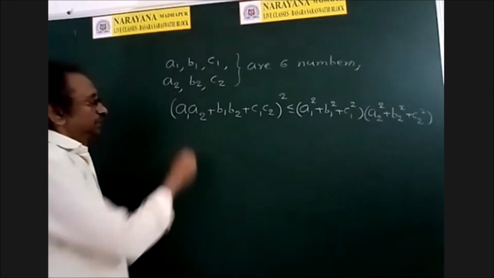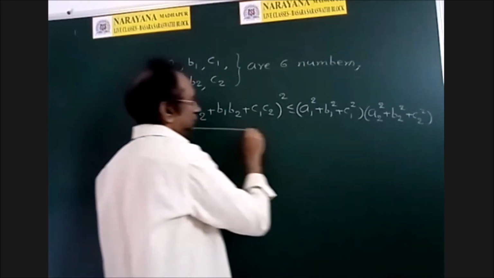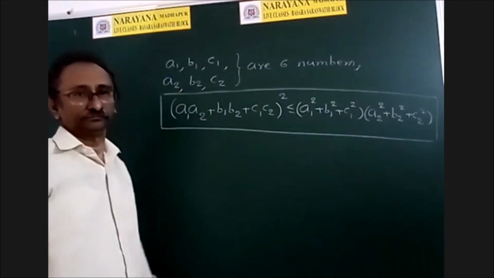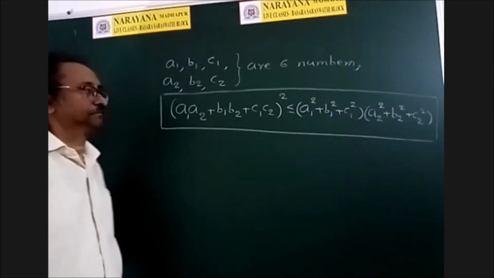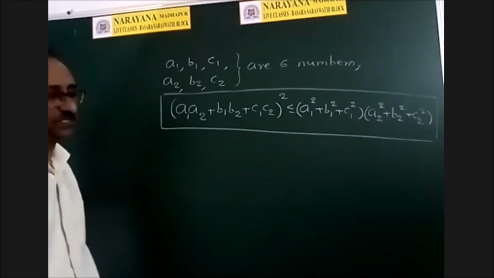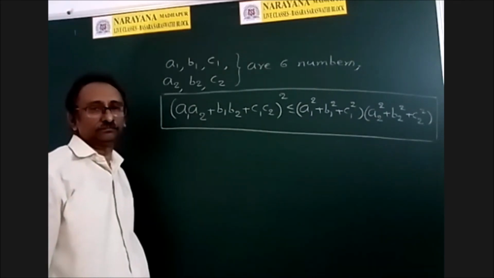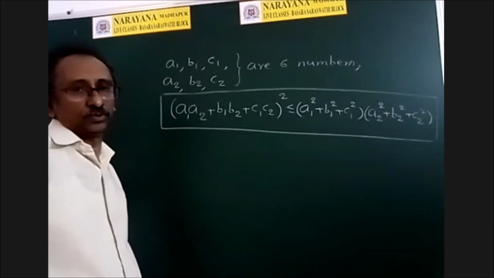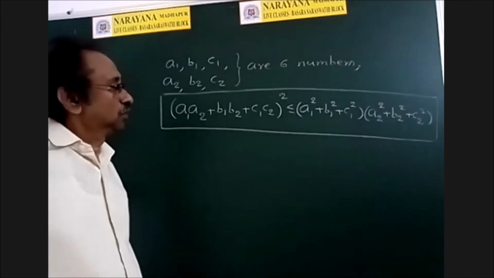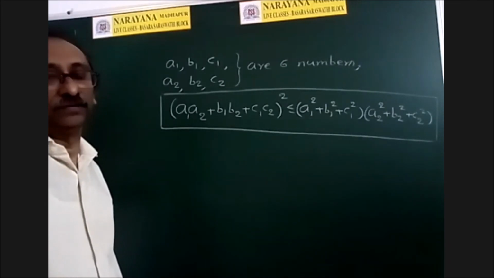Write down, for any 6 real numbers, we can use this inequality. This is called the Cauchy-Schwarz inequality. You can see this in Google also.